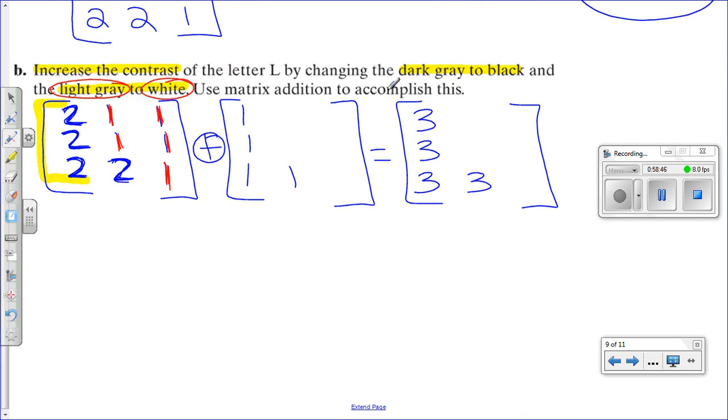So we want those entries to be zeros. So what do you need to do to a 1 to turn it into a 0? And the answer is pretty simple. You could subtract 1, or you could add -1.